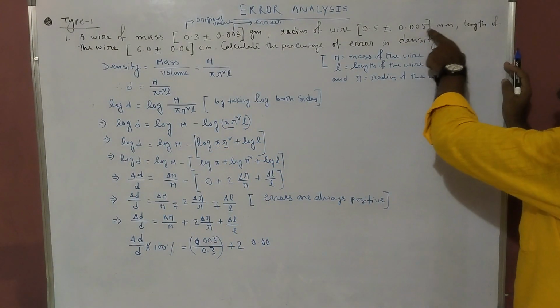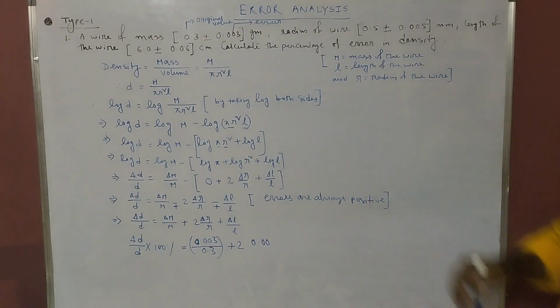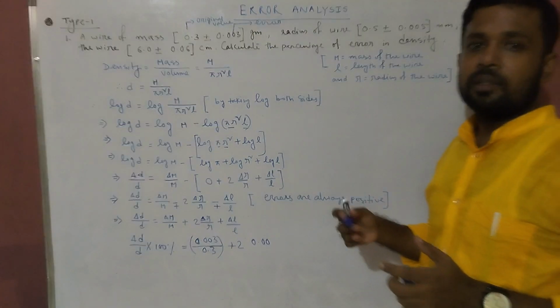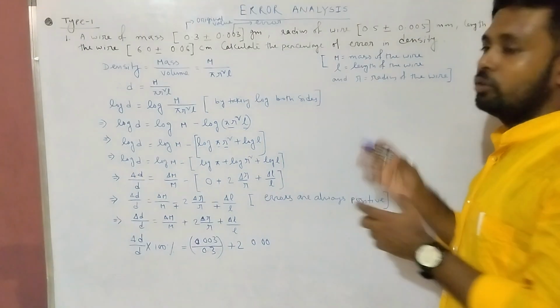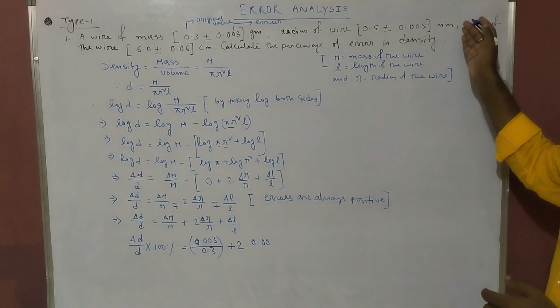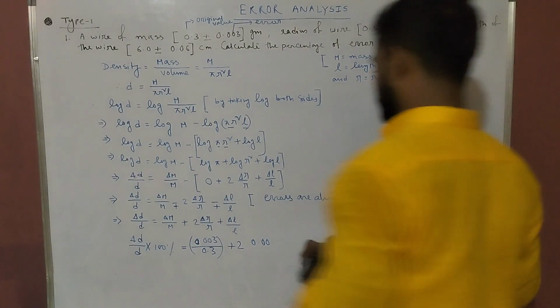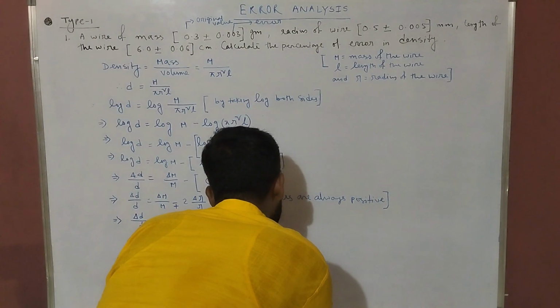This value 0.005 is in mm, but this is gram. Gram means CGS unit. So I have to convert all units in CGS at first. So from millimeter I have to change this value into centimeter. So this will be 0.0005.